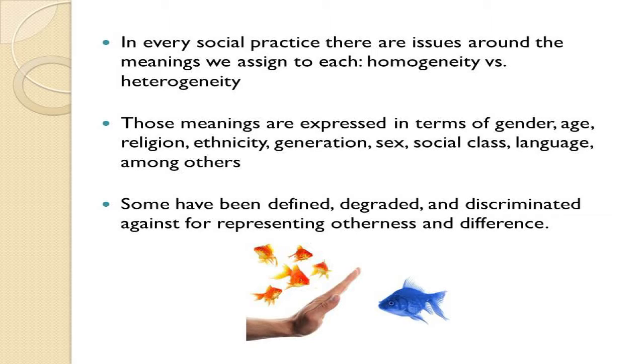Those meanings are expressed in different ways through gender, age, religion, ethnicity, generation, sex, social class, language, and many more. Some have been defined, some have been degraded, and others discriminated against, just because they represent that which is different, otherness. It is important that when we think about culture, we bear all these things in mind.